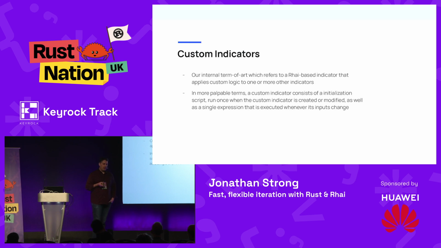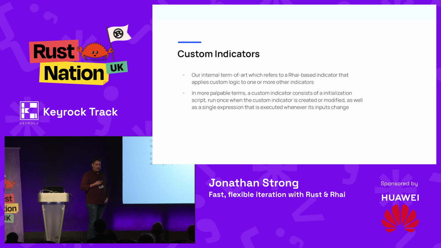Custom indicators is our internal term of art that refers to a Rhai script that is executed to build one of these numeric indicators. The inputs are other indicators, some usually generated by native Rust code that is ingesting market data, or some other kind of data in the system that the Rhai scripts act on.